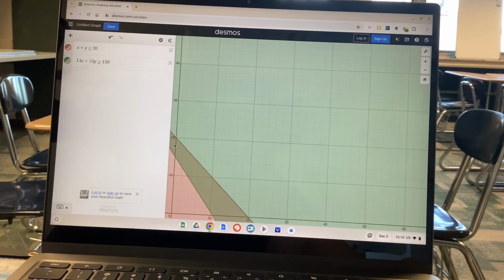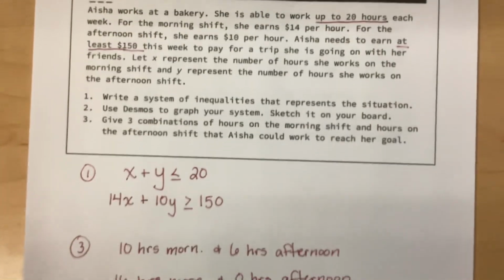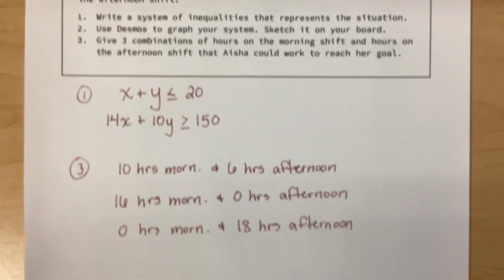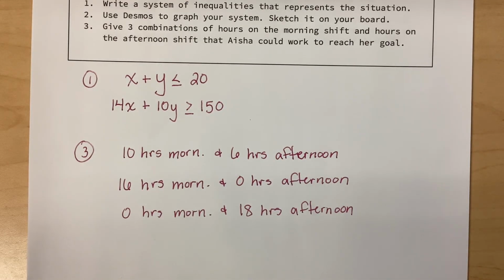So she could do that. So it would be 0 hours in the morning. And that would be 18 hours in the afternoon. And of course, there are more options than just those three, but all three of those work perfectly for this problem. Okay, we have one left.